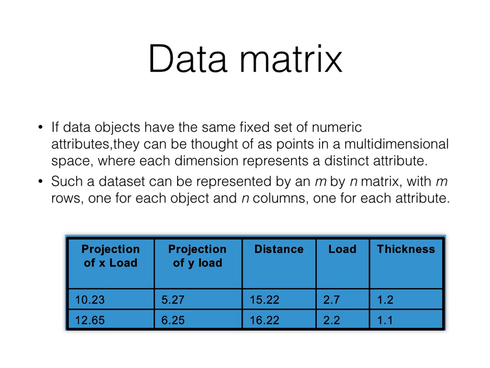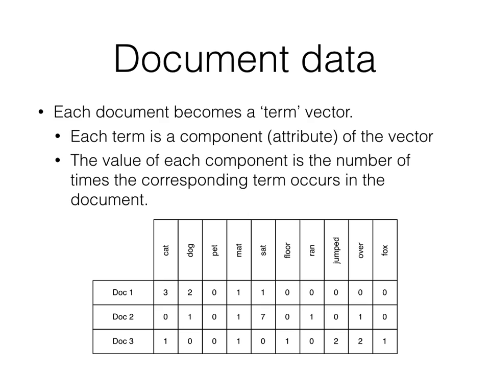So here each of the rows is some point in 5-dimensional space. We can have document data. This is text data, and each document becomes some vector in some highly dimensional term space.